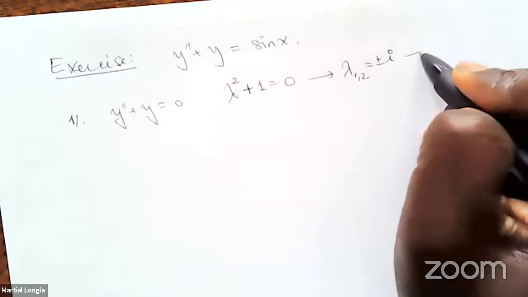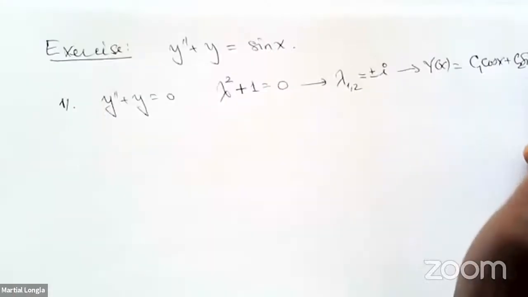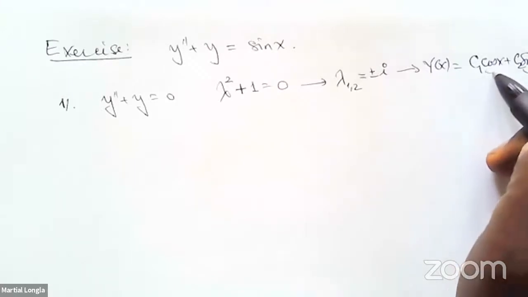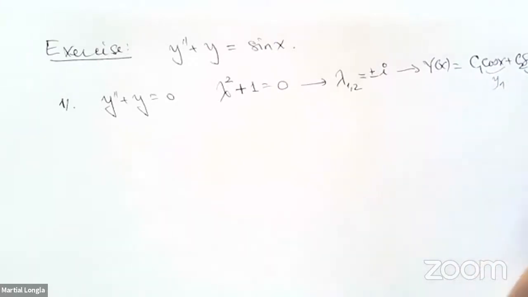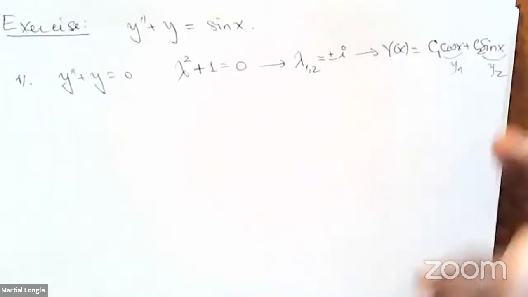Correct. And so the capital Y of x equals C1 cosine of x plus C2 sine of x. That's right. That's the beginning. That's a good beginning. Otherwise, everything else is going to be useless. So when you do that, you have y1 and y2 right there.